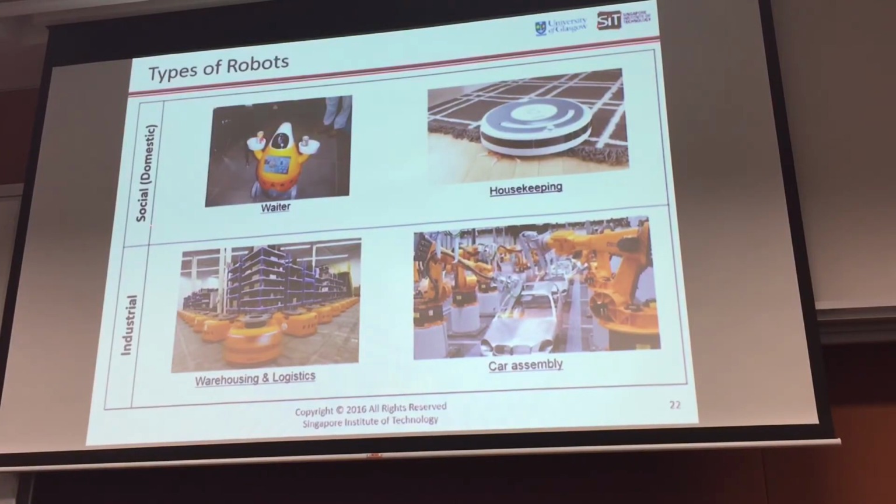Okay, social robots, you have your robotic waiters, your housekeeping, your Roombas. If you have heard, last year there was this company that was using quadcopters to serve food. What's the opinion? You think it's something practical? Too noisy.